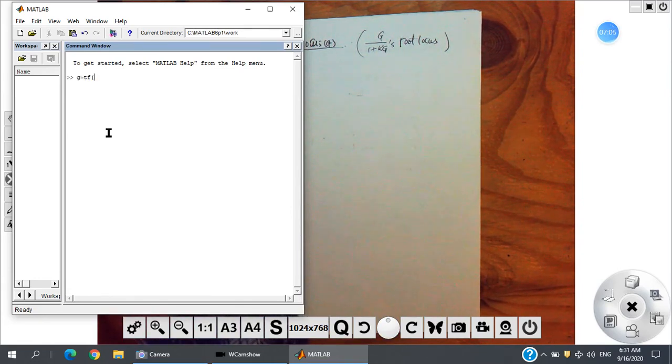I give, like, 1 and 1 in the numerator, that means S plus 1 in the numerator, and S squared plus 1 in the denominator. Right? This is G, and then root locus of G.